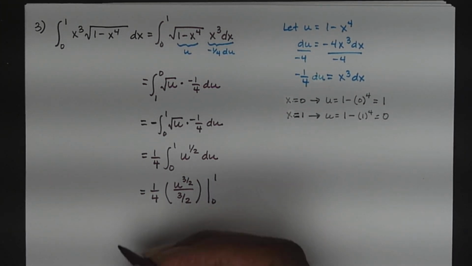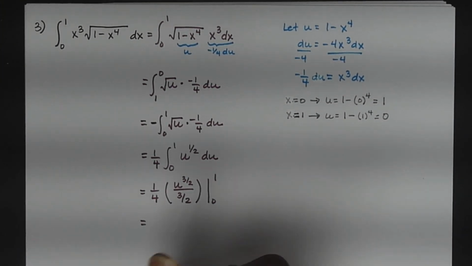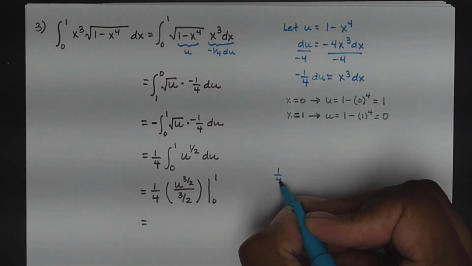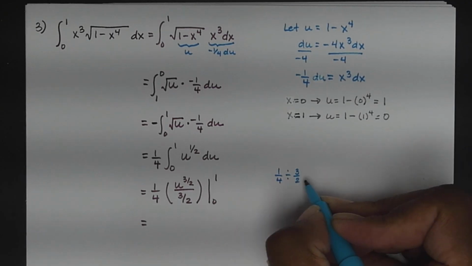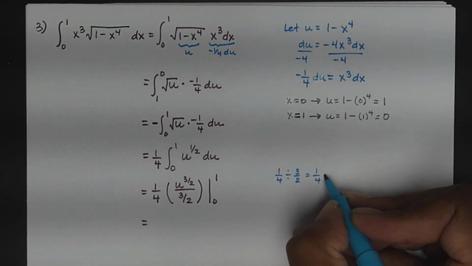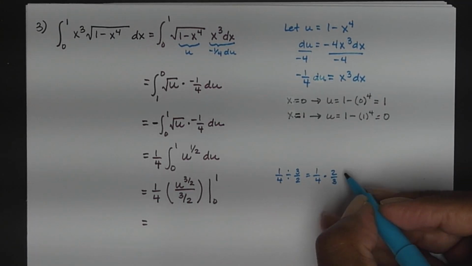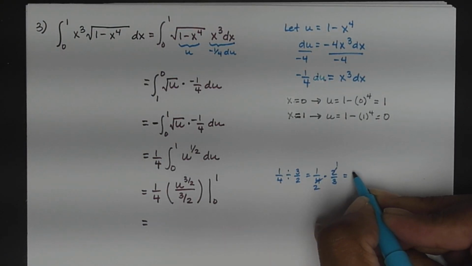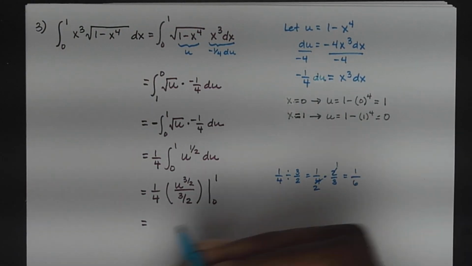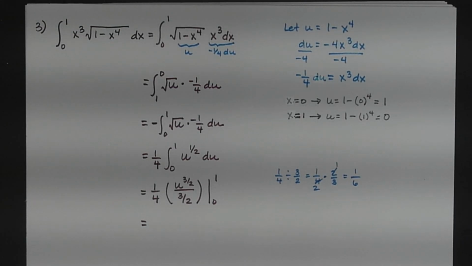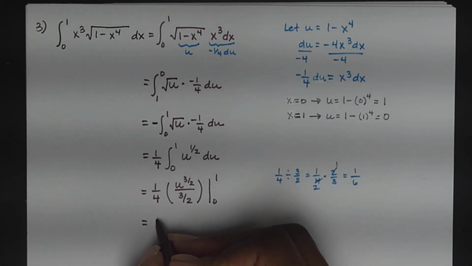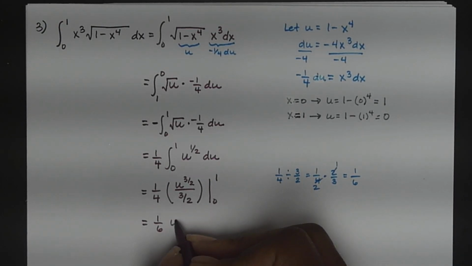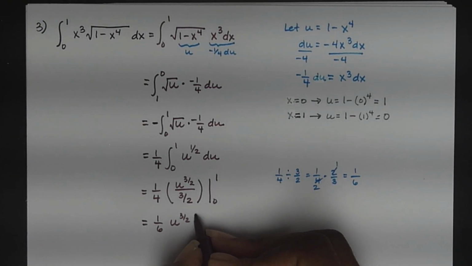And also, if I take 1/4 and divide that by 3/2, that's the same as saying 1/4 times the reciprocal, which is 2/3. 2 goes into itself 1 time, 2 goes into 4 2 times. So this will actually be 1/6 when I simplify that. So this will be 1/6 times u to the 3/2.